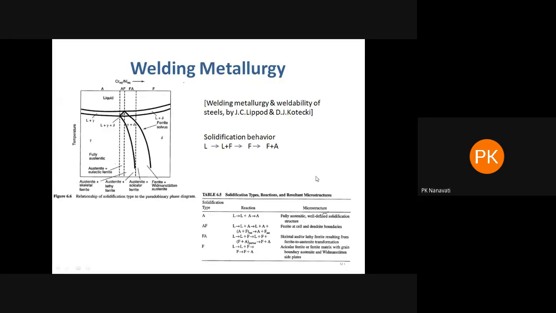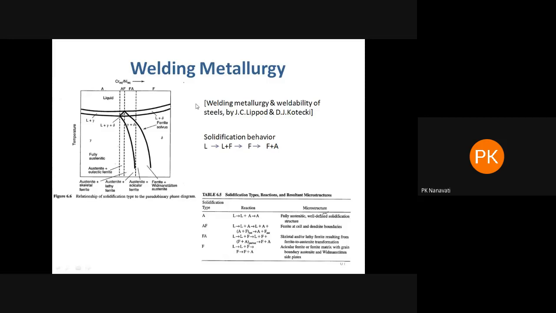And you see different alphabets like A, AF, FA, FA, right? On the bottom side, you see different terms like austenite plus skeletal ferrite, austenite plus lathy ferrite, austenite plus acicular ferrite, and ferrite plus Widmanstatten or central ferrite.